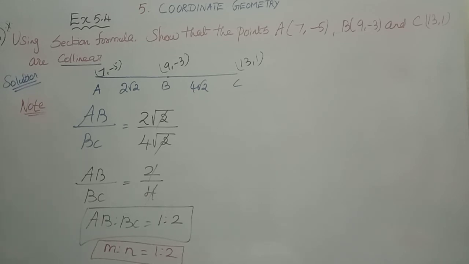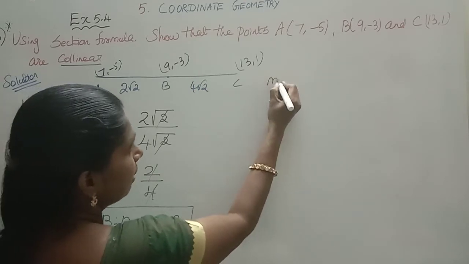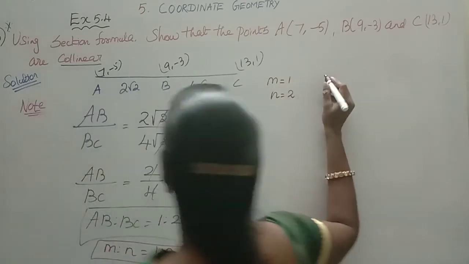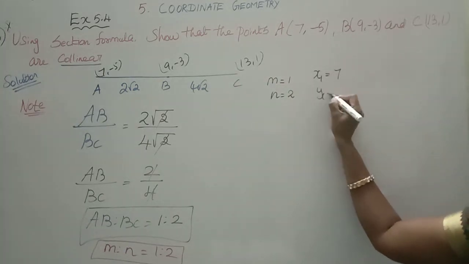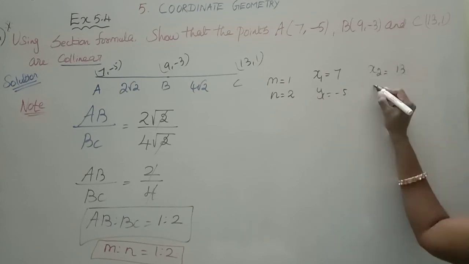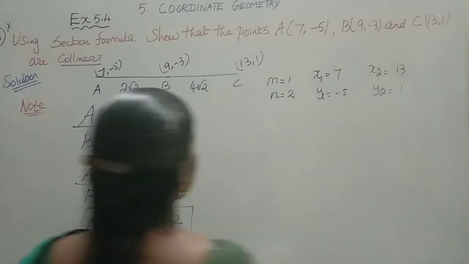Okay. So now write the section formula. Here I am going to take M equal to 1, N equal to 2, and x1 equal to 7, y1 equal to 5, and x2 equal to 13, and y2 equal to 1. Now I am going to use the section formula for AB.